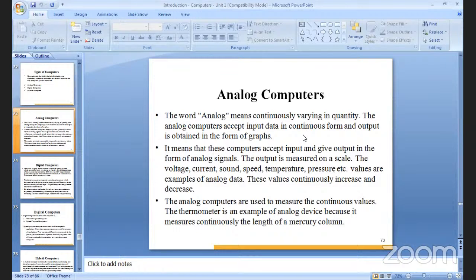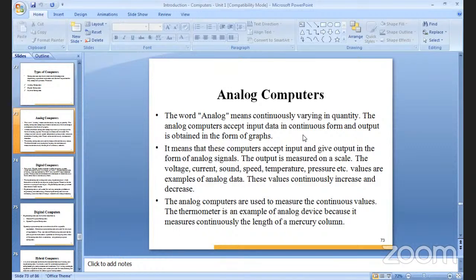These computers accept the input data and give the output in the form of analog signals. The output is measured on a scale, depending on voltage, current, sound, speed, temperature, pressure, etc.